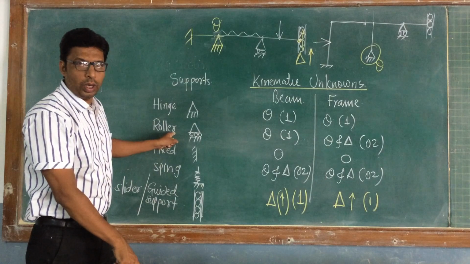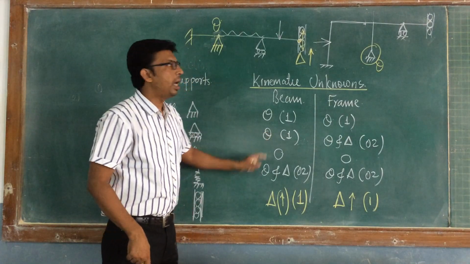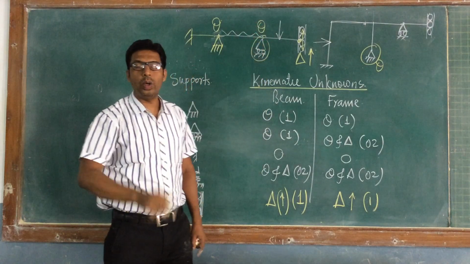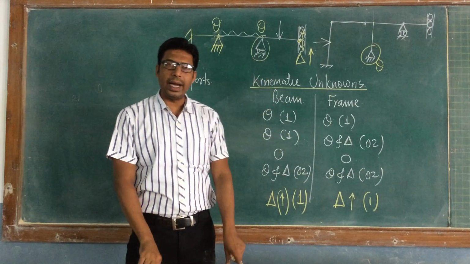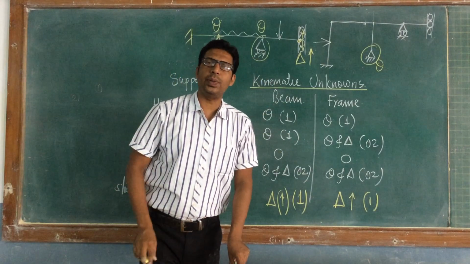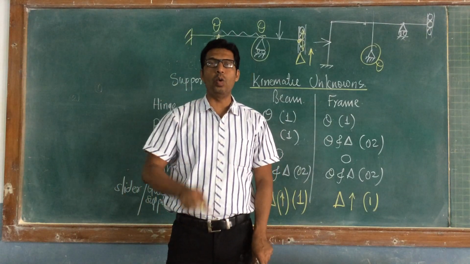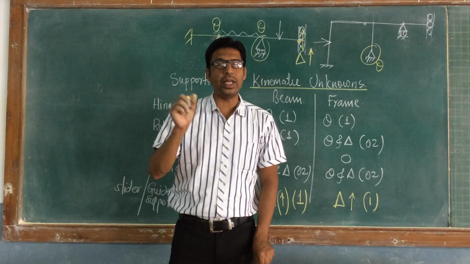Second type of support is the roller support. If a roller support is provided in a beam, again there is only one unknown, and that is theta. Though it is a roller support and it allows horizontal displacement, in case of a beam, since load is always vertically downward, the horizontal displacement at any point is always 0.